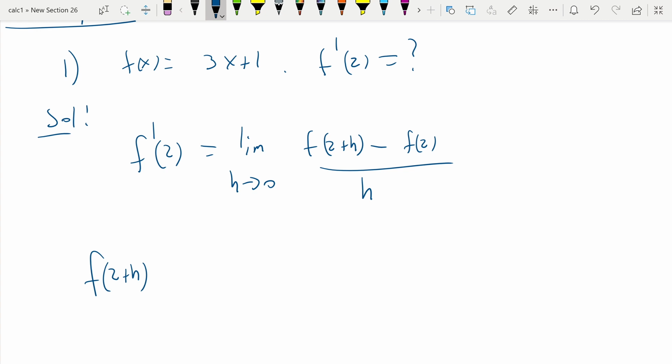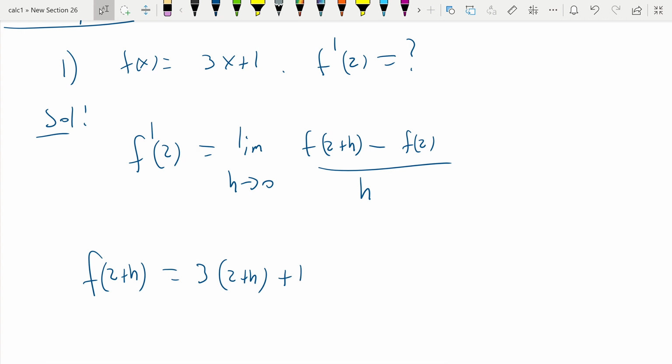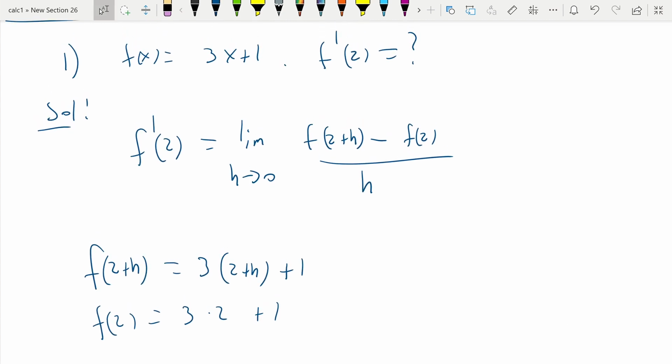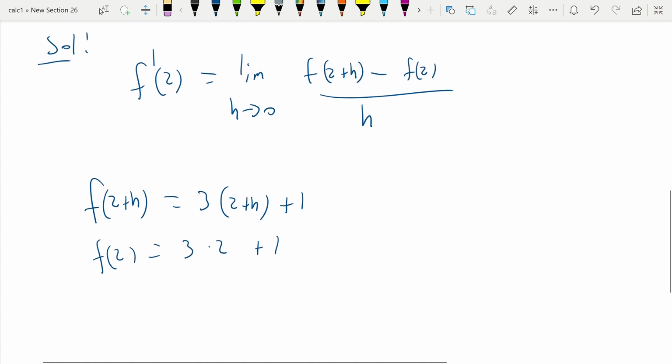What do we do to what's inside f? We multiply by 3 and we add 1. So this is f of 2 plus h. f of 2 is just 3 times 2 plus 1. Remember, we plug 2 into this formula here. So wherever it says x, we plug what's inside f.